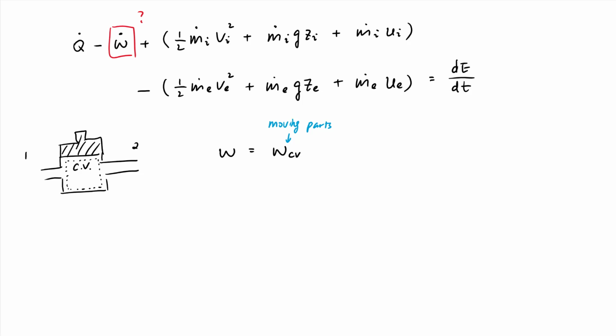However, what is different is that now we also have to take into consideration the inlet and the outlet, because at the inlet, the pressure is pushing the fluid into the control volume. To push something over a distance, that is work. So we need to add one more term to account for the work happening at the inlet. And the same thing happens at the outlet. At the outlet, the pressure pushes the fluid out of the control volume.